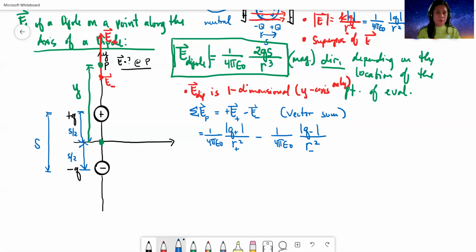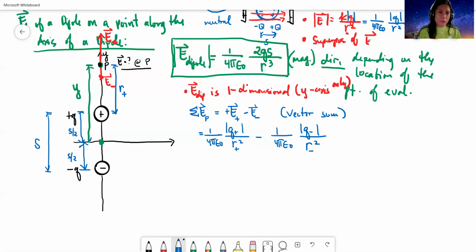Now, what is my R therefore in terms of Y and S? So this is P. R positive now, class, will be from this point to this point only. So this is now R positive because the R in this equation of E is the distance between the source and the point of evaluation.